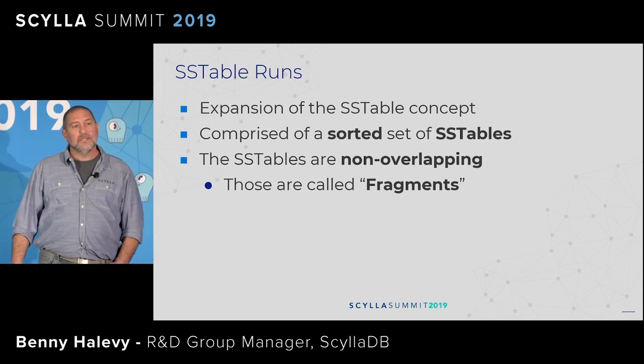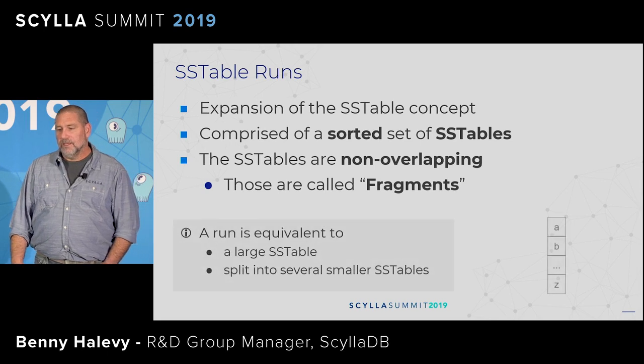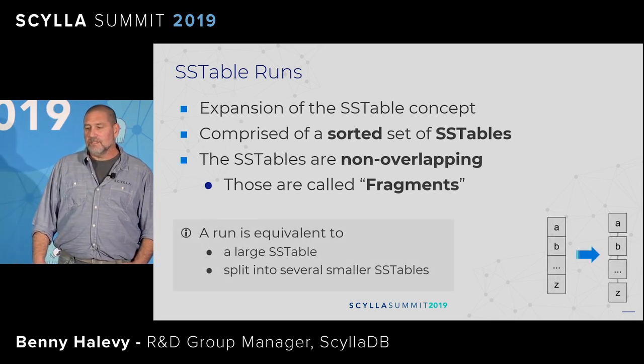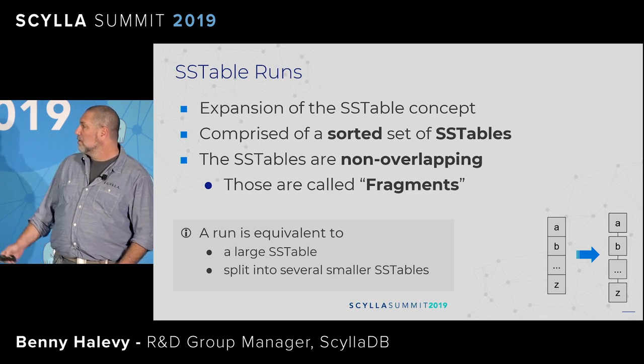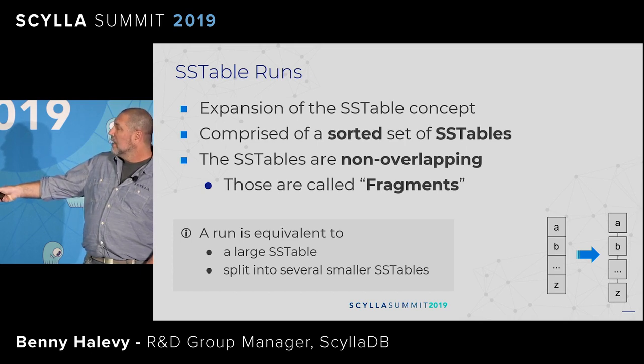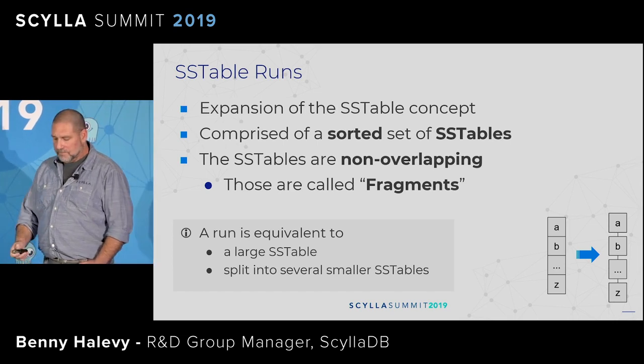We call these singular SSTables fragments. So a run is equivalent to a large SSTable, just split into smaller SSTables. In this example, we have a single SSTable consisting of these partition keys, and it will be split into a run of SSTables, each one holding a subset of the keys of the single SSTable.